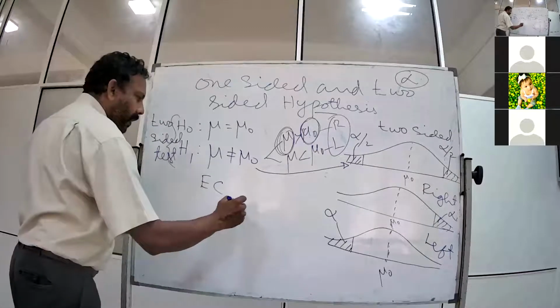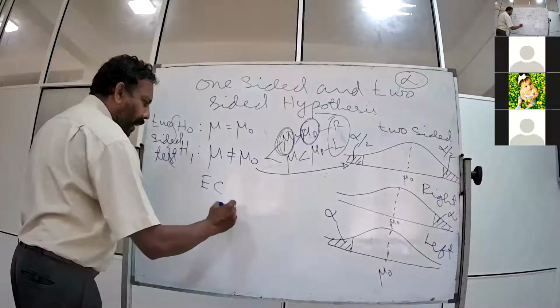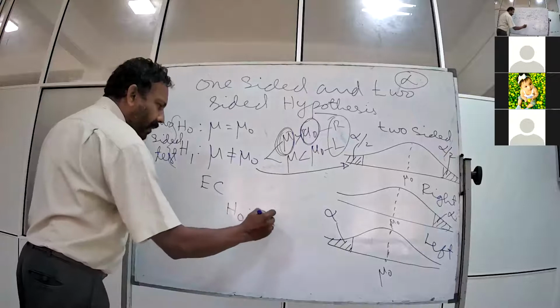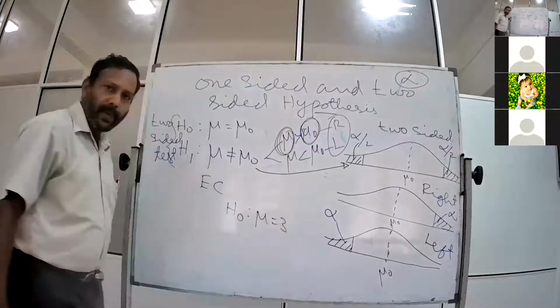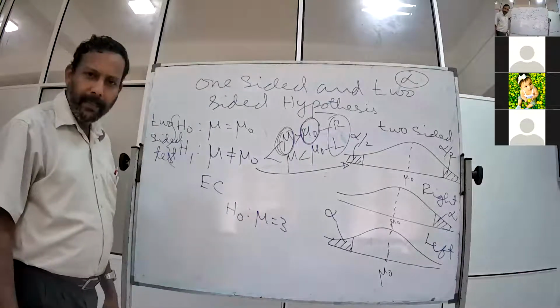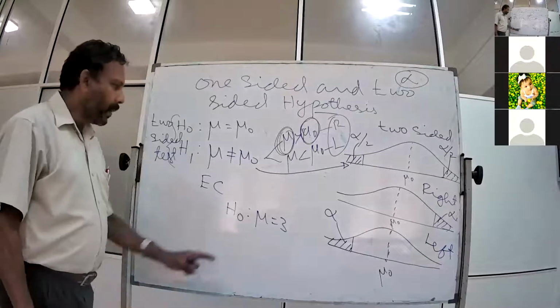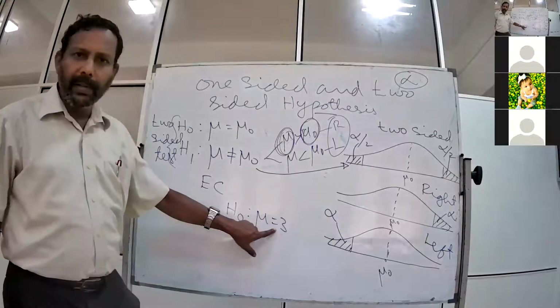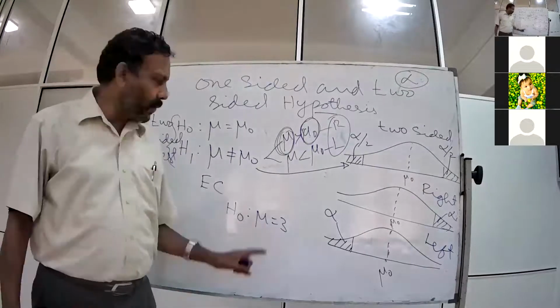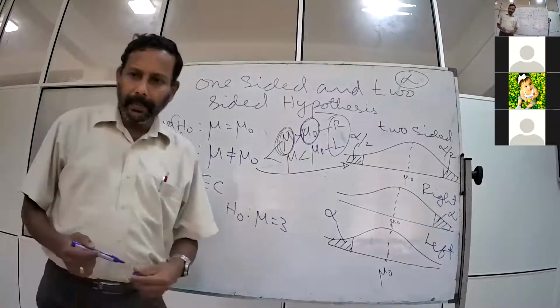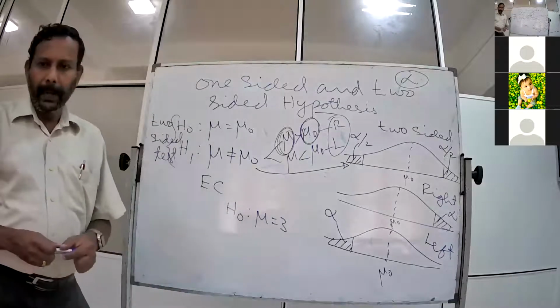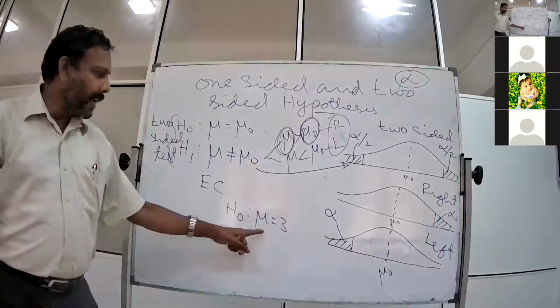We said the null hypothesis was mu equal 3 micro Siemens per centimeter, something like that, right? So if it is equal to 3, can we irrigate with this water?